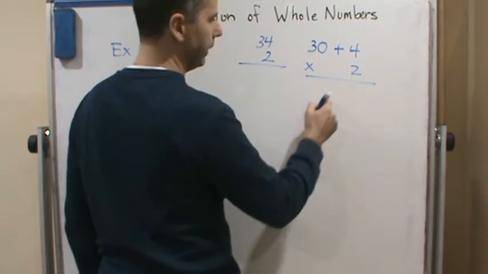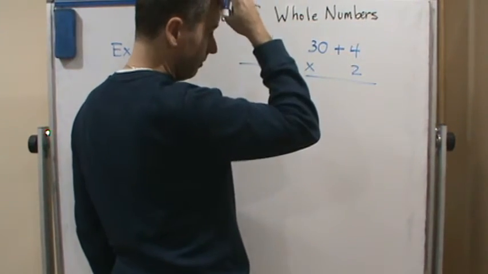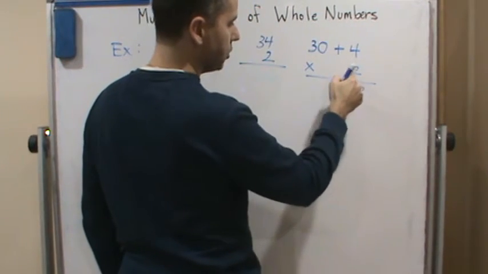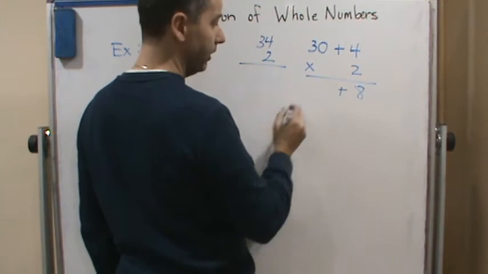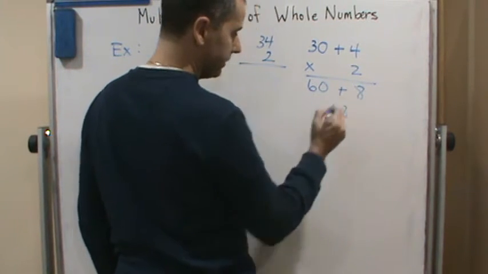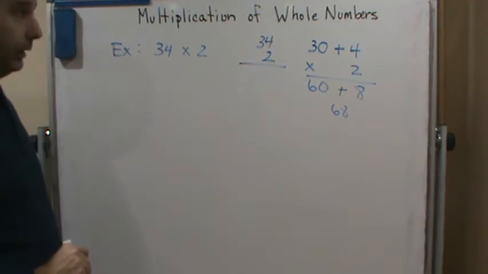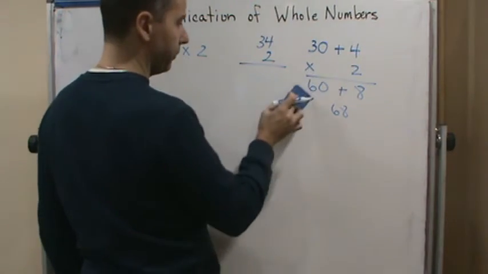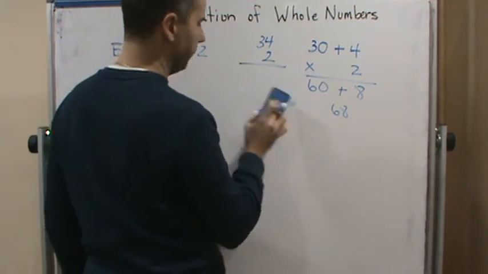So in essence, you're doing 2 times 4, which is 8, plus 2 times 30, which is 60, which gives you 68. That's basically what you're doing when you're dealing with place value.